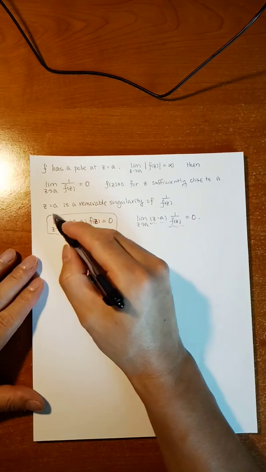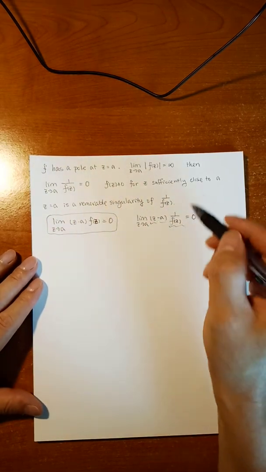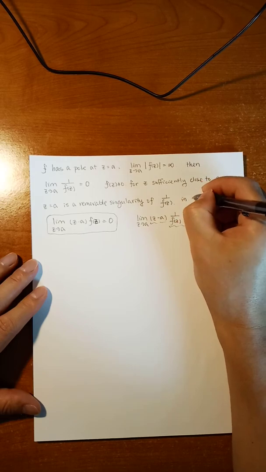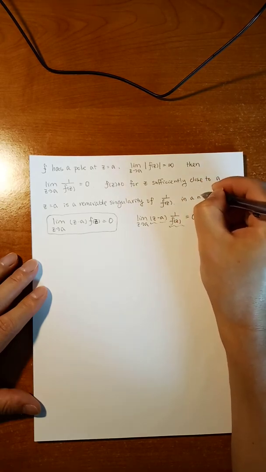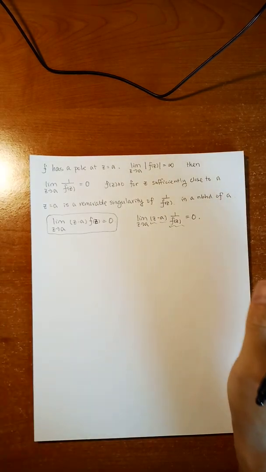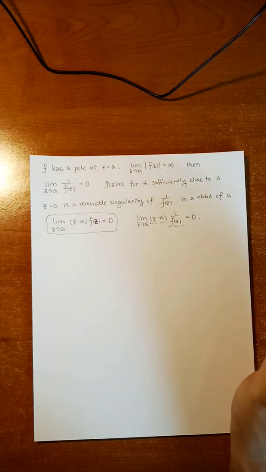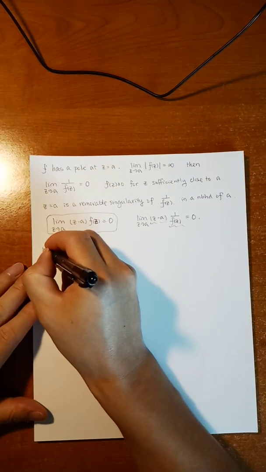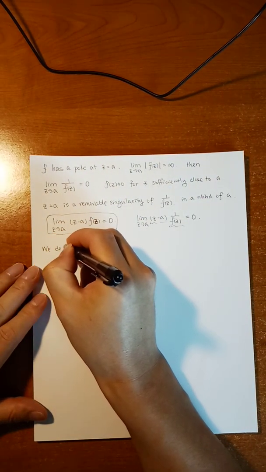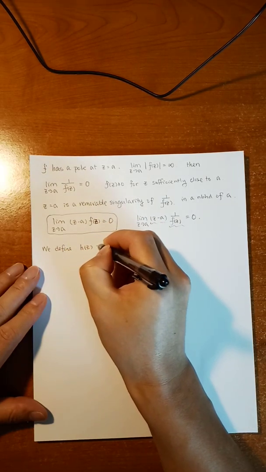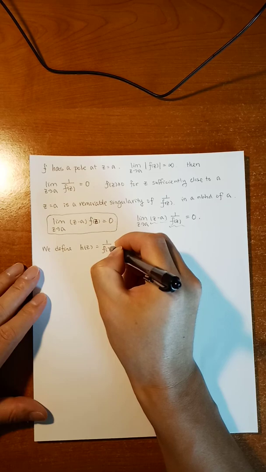Okay, so z equal to a becomes a removable singularity of 1 over f of z in a small enough neighborhood of a. All right, so now in this neighborhood, we define h of z. We don't want to always look at 1 over f of z.